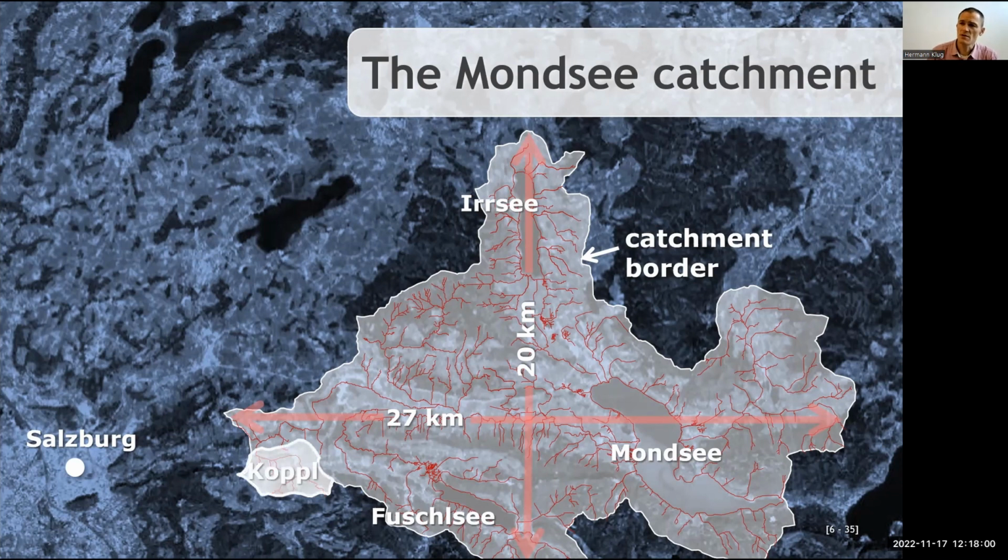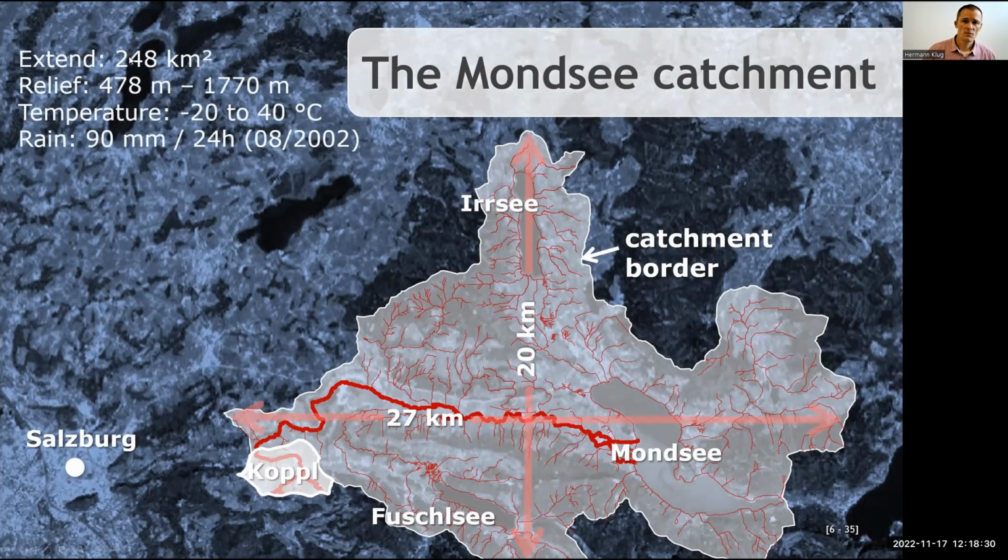Of course, we couldn't analyze the whole 248 square kilometers, but we have a look at a particular smaller catchment, which is isolated in the Koppel catchment. And from here, we also know that a lot of contributions of phosphorus emissions enter via this red pathway, the Fuschler Ache. The river is called like this, into the Lake Mondsee.